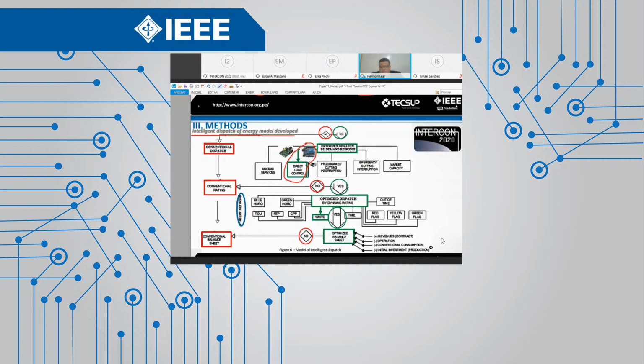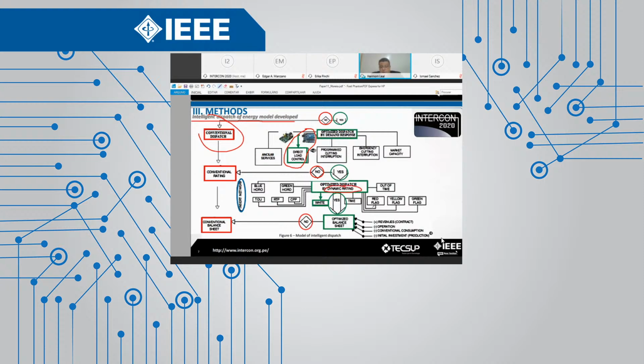If you have installed in the residential consumer a type of direct control by IoT, we can optimize this dispatch by demand response. If not, we have a conventional dispatch. The next step is dynamic pricing, which is about the price of energy. If you have another type of tariff, all right? For example, in Brazil, we have a white tariff.